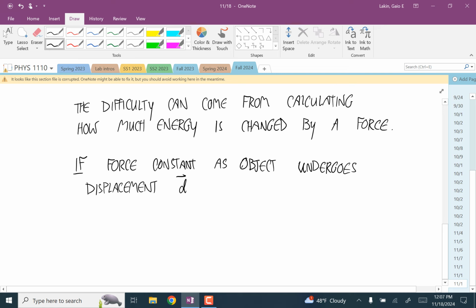The work is equal to the x component of the force times the x component of the displacement plus the y component of the force times the y component of the displacement.